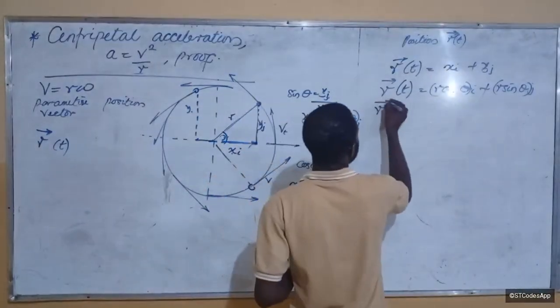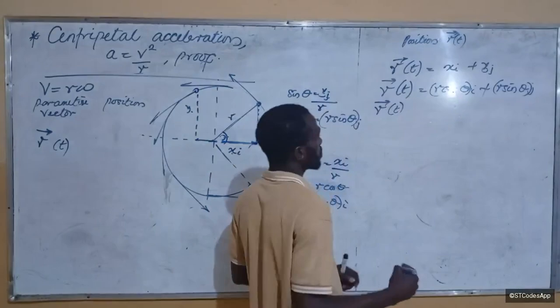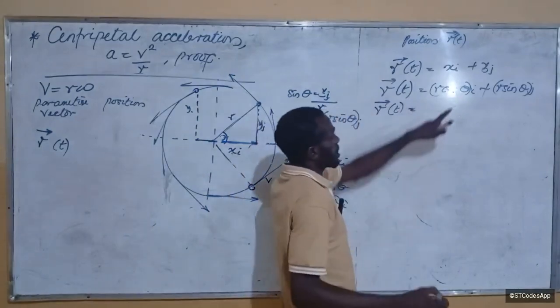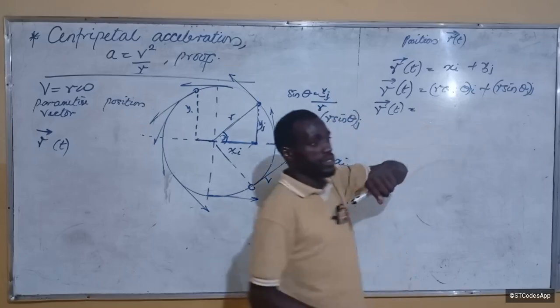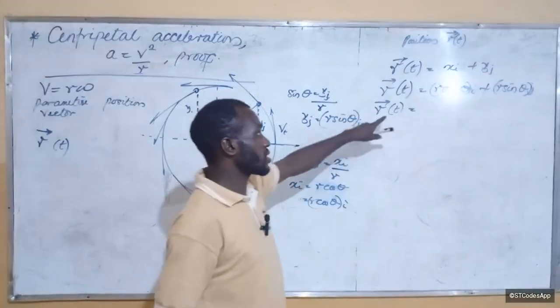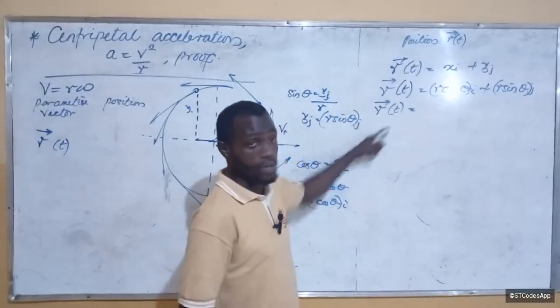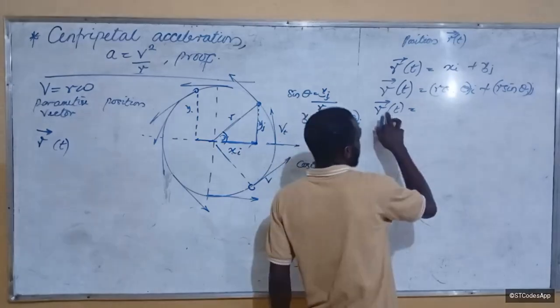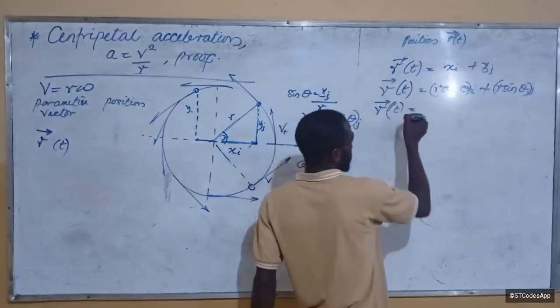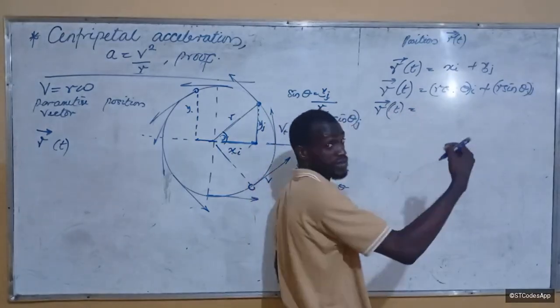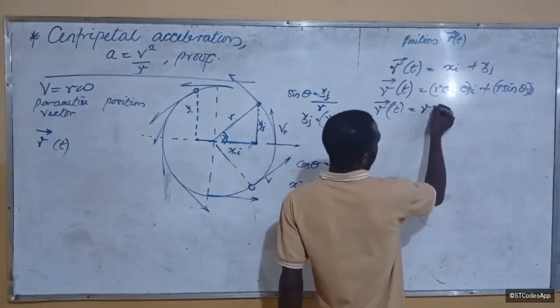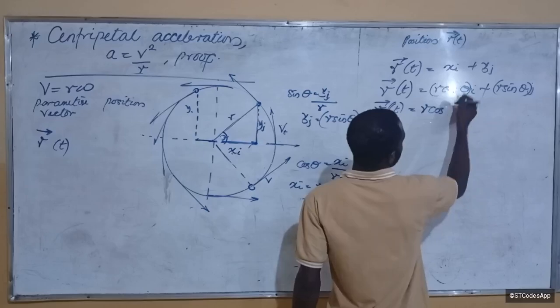So r in terms of t is going to be written as, now how can we write theta in terms of t? So that it contains this t. The position at a particular time, that's what we mean by this. You know, position is also a vector, right? So we have r cos theta.